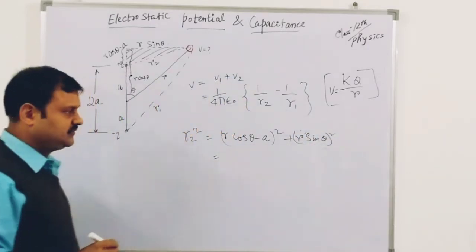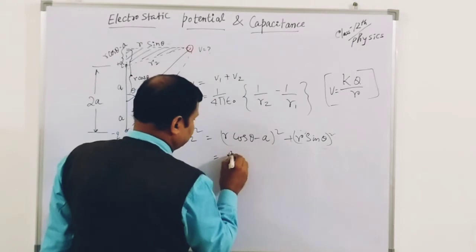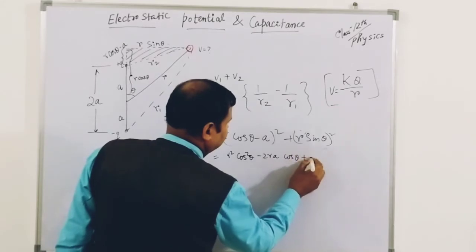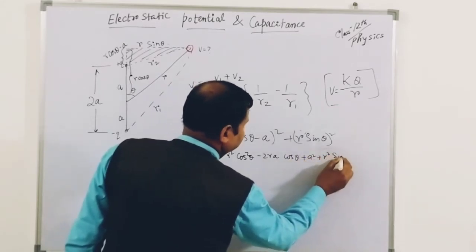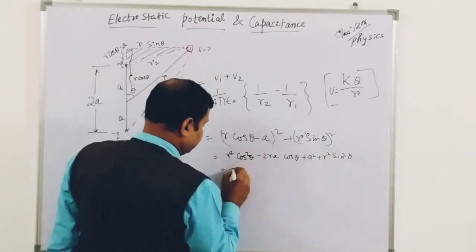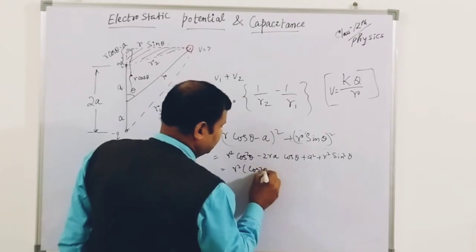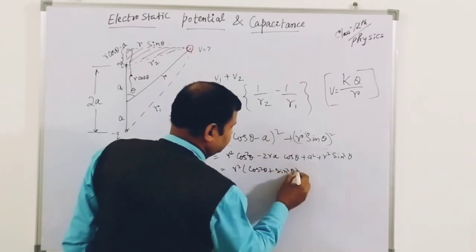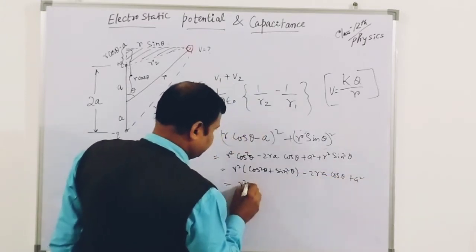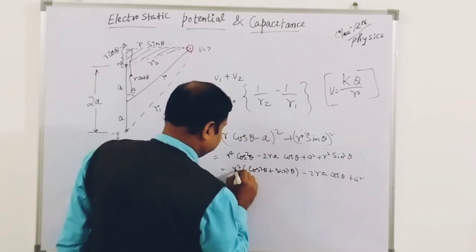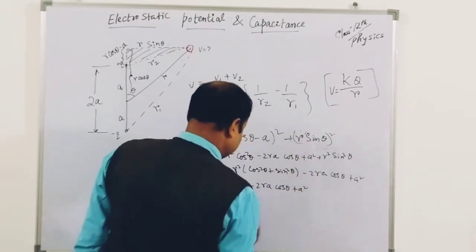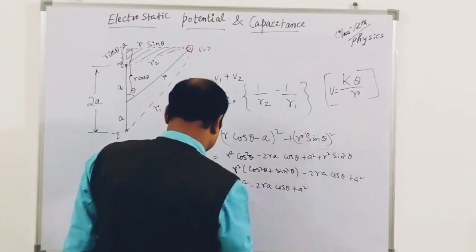This gives r square cos square theta minus 2ra cos theta plus a square plus r square sin square theta. Since cos square theta plus sin square theta is 1, this is r square minus 2ra cos theta plus a square. So this is r2 square.